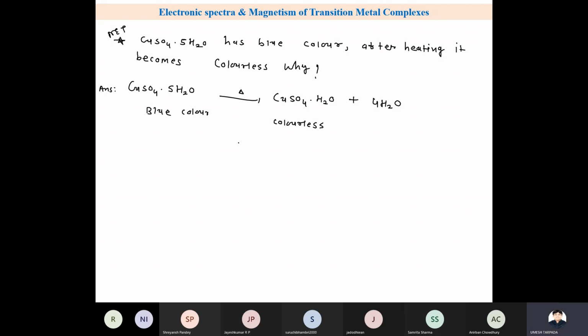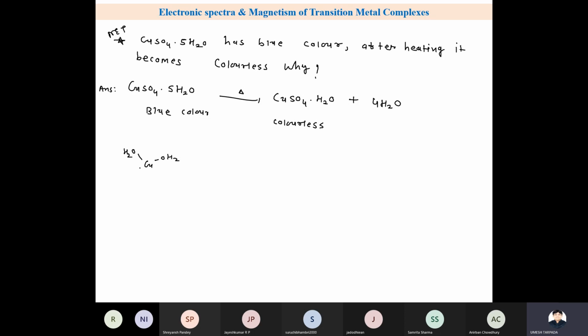But after heating, that octahedral geometry gets lost. See, normally its structure is like this. There is no tetrahedral even.